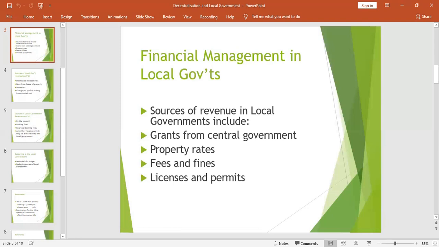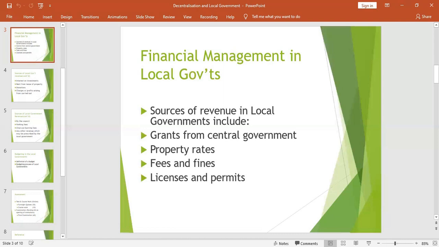Then licenses and permits, licenses to operate business transactions. Then interest on investments. The local government can invest and then it gets interest as a source of revenue. Rents from the use of the local government property. Donations. Local government also receives donations from well-wishers.